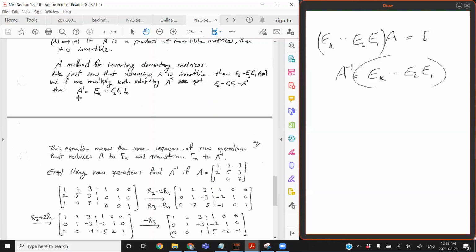So if I multiply this side by I, I can do that, right? Because I is like having a 1. Then it tells me that whatever sequence of elementary row operations that I am performing on A to get I, if I perform the same sequence of row operations on I, I'm going to get A inverse. That's what this tells me. Is that clear?